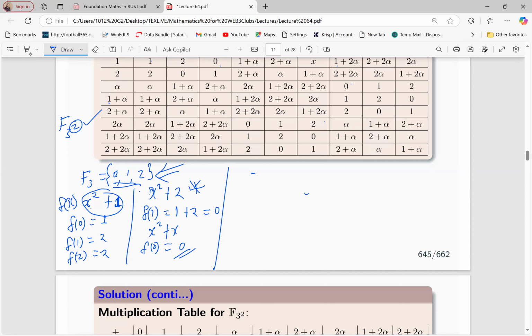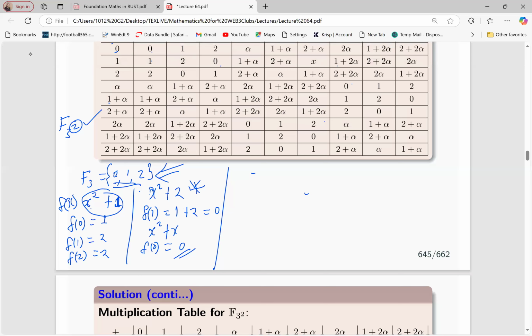So we are just trying possibilities, because as I said, there's no formula for coming up with this polynomial; we just try and find out which polynomial is irreducible mod 3. Let's try x squared plus x plus 1 and see what we get. Oh, this one is reducible.